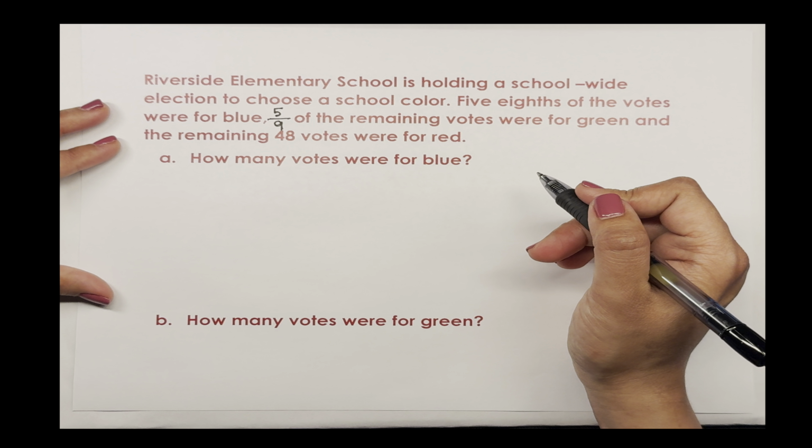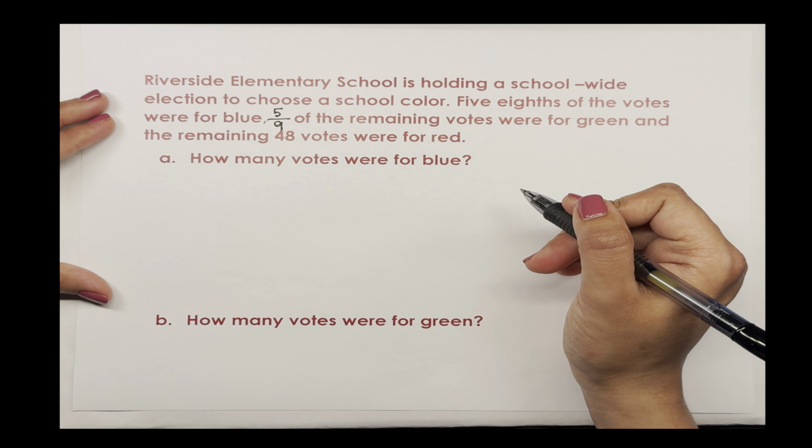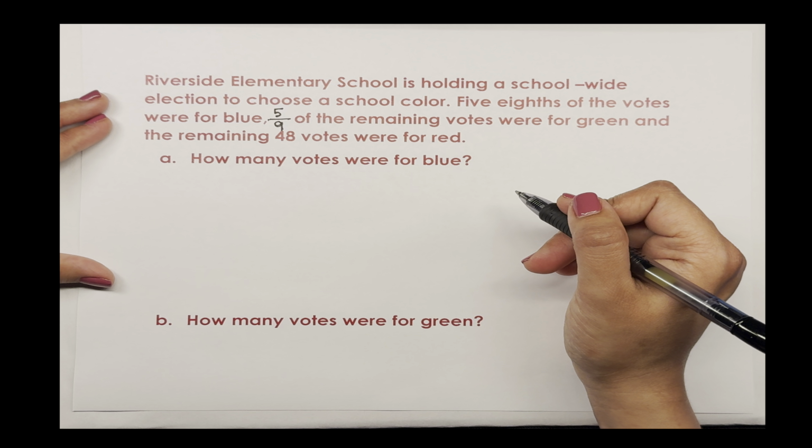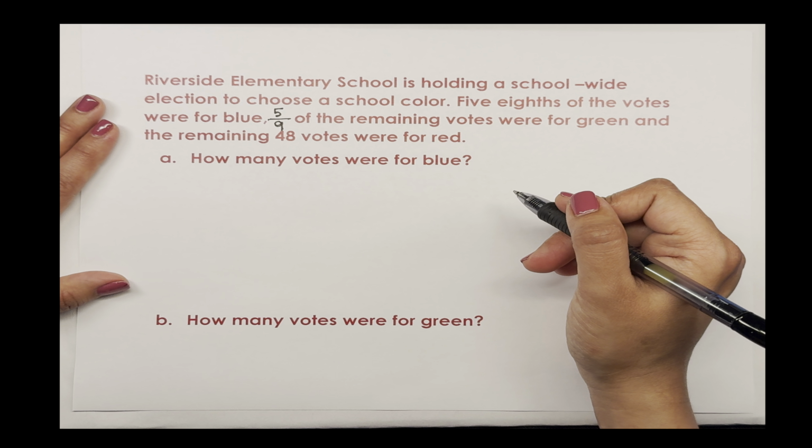Next. Riverside Elementary is holding a school-wide election to choose a school color. 5/8 of the votes were for blue, 5/9 of the remaining votes were for green, and the remaining 48 votes are for red. How many votes are for blue?